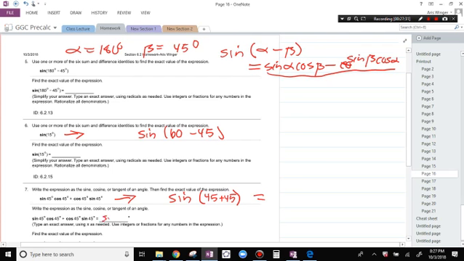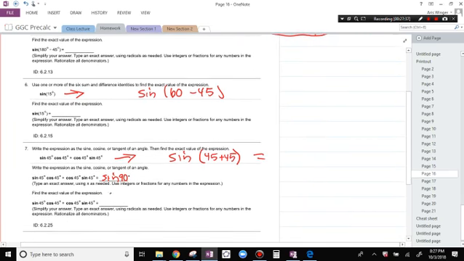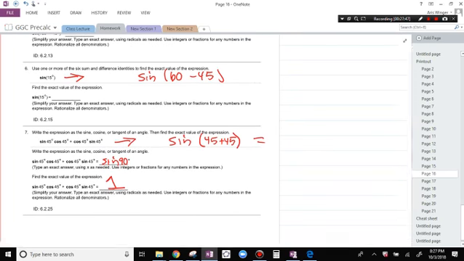This is the sine of what? 90 degrees. Sine of 90 is 1 for sure. Questions there? So 17.